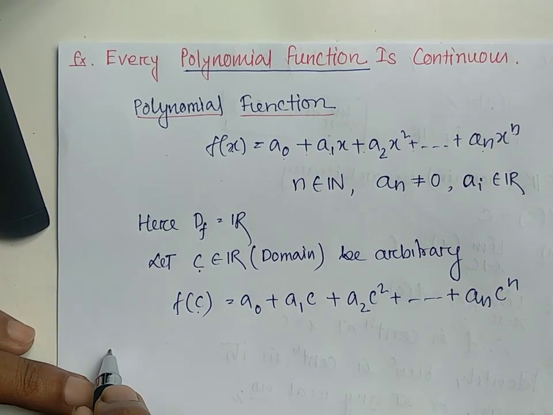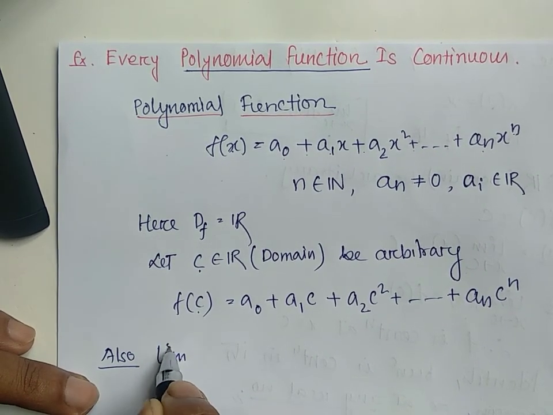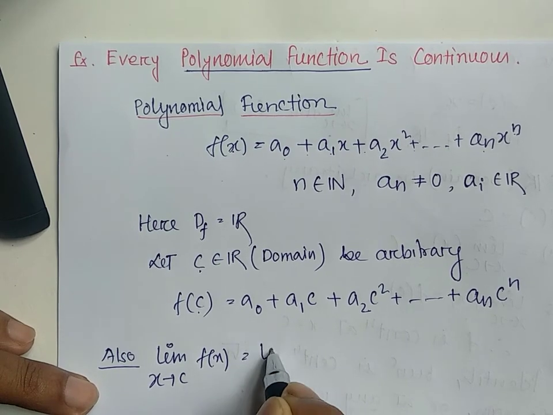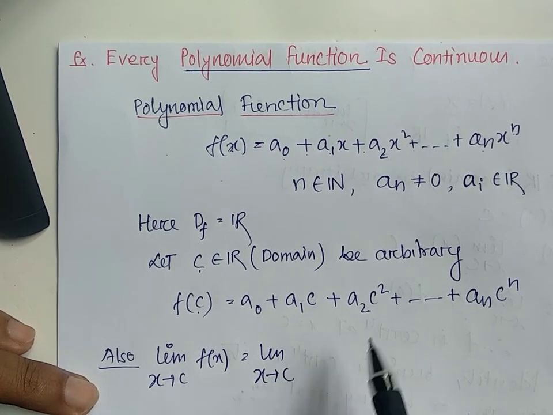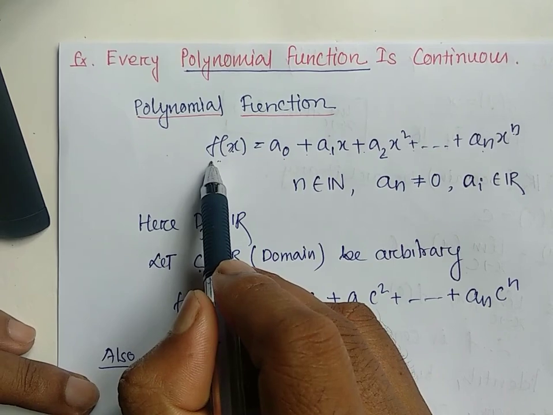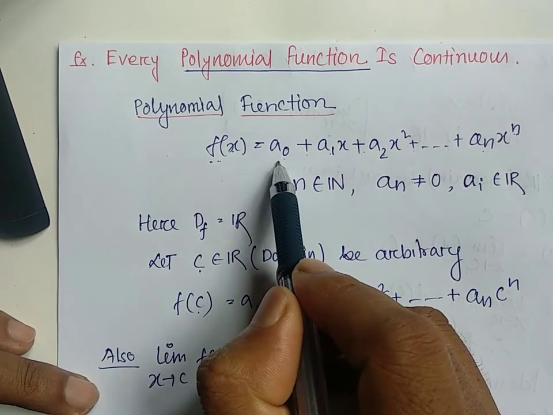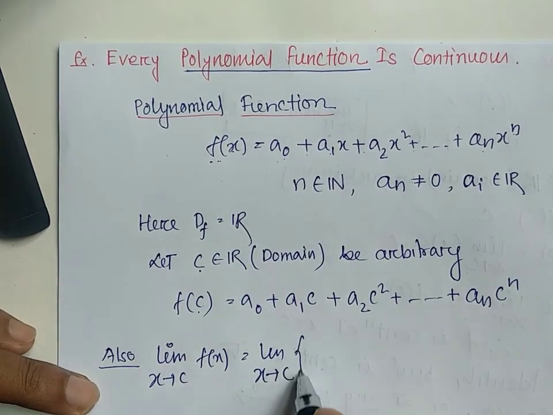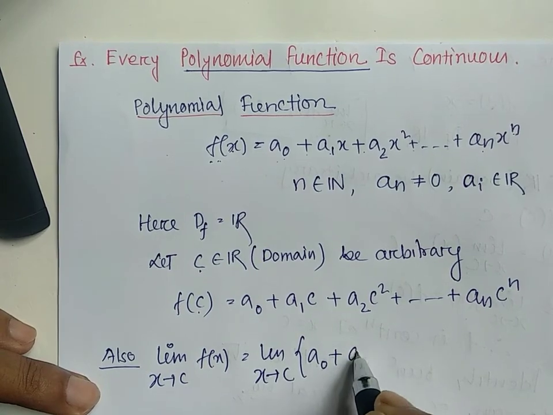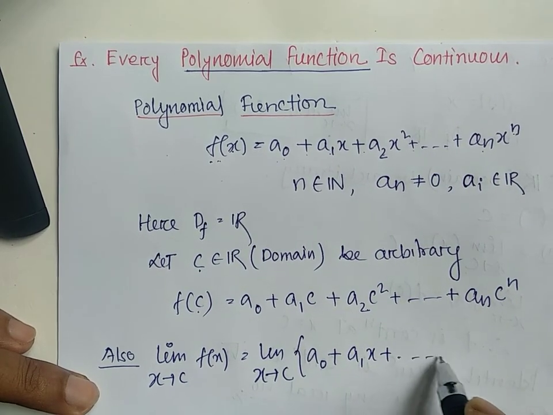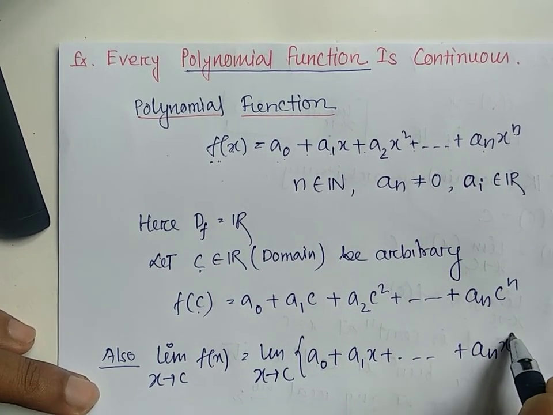Now also we will try to find out the limiting value. Limit x tends to c of f(x) is equal to limit x tends to c. As the function is a polynomial function, the expression for f(x) will be this one. So in place of f(x), we will write a0 + a1x + ... + an x to the power n.